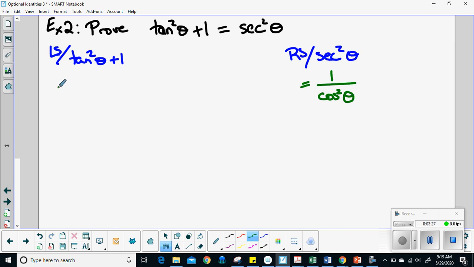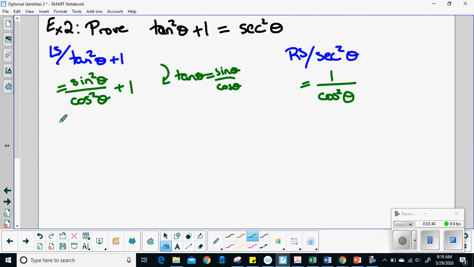So let's look at the left side here. Tan, remember, is sine over cos. And since tan was squared, sine and cos are both squared. So we've got that over 1. So I subbed in that tan is sine over cos. Okay.